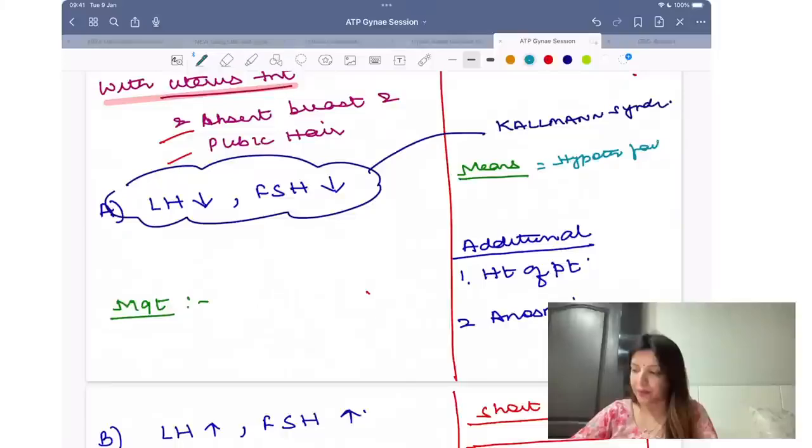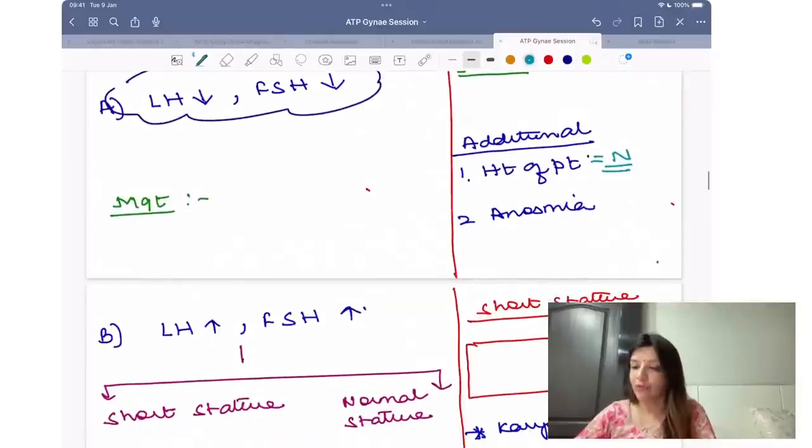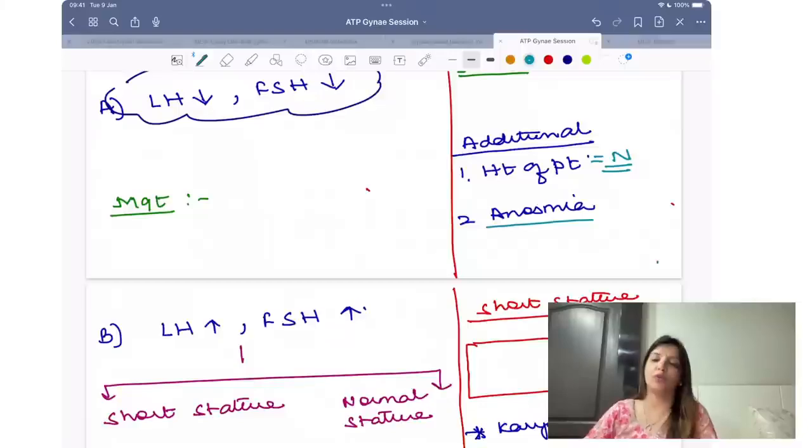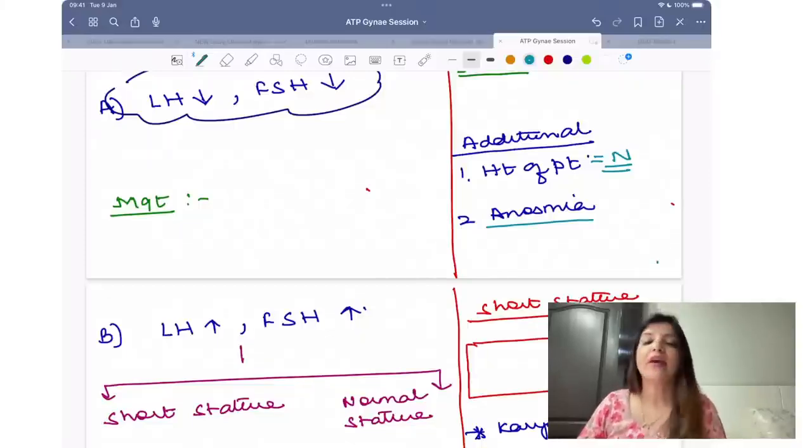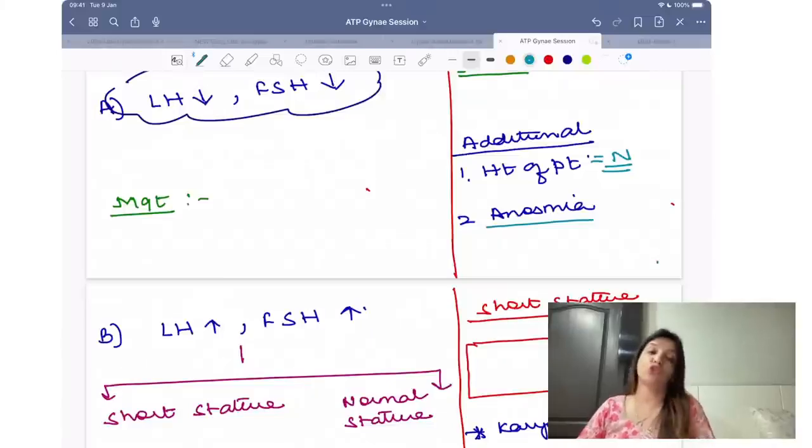hypothalamic failure. Now the question is going to say that height of the patient is normal and an additional feature which is going to be present will be anosmia. Monica, don't say that tall height. It's not tall height, it's normal height, right? Why we are stressing on normal height? Because in Turner's syndrome height is short.